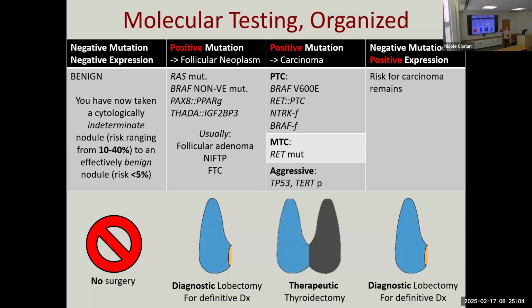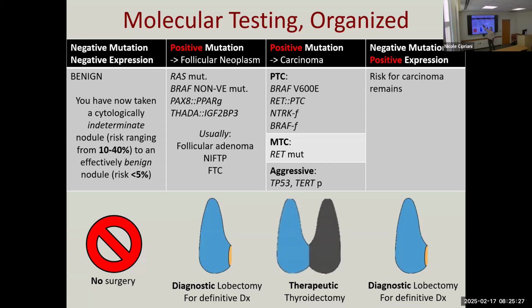I don't care what the reported risk of malignancy that the commercial companies say. They can say 20, 30, 40, 50, 60, or 90. I don't care. What I care is what's the mutation. Because if it's a cancer-defining mutation, there is 100% they have cancer.